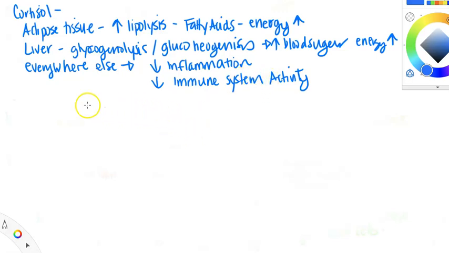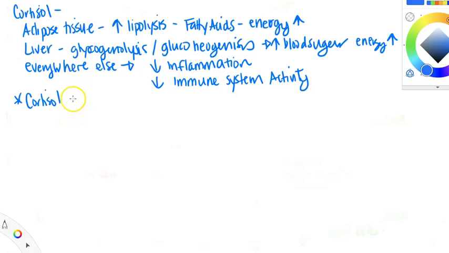So basically, again, cortisol is your stress hormone. So cortisol is involved when you're dealing with a stress on yourself.